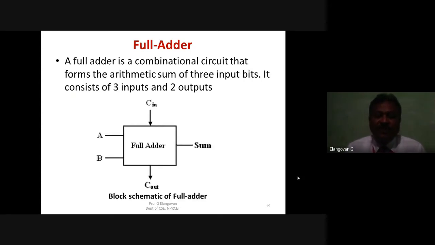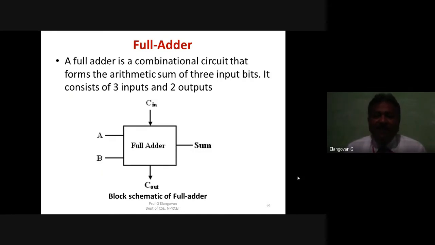So it is meaningful to say it has three inputs and two outputs. The circuit diagram will look like this. A and B are the two numbers, one is the addend and another one is the augend. And Cin is the previous bit, the lower order bit summation. If it generated a carry, that carry is passed to this.